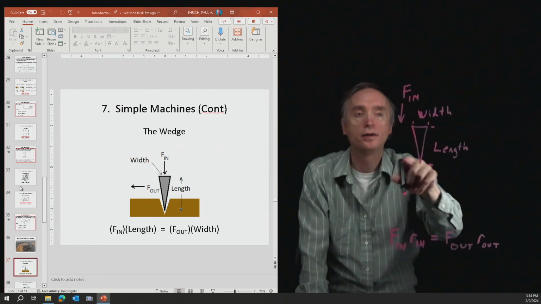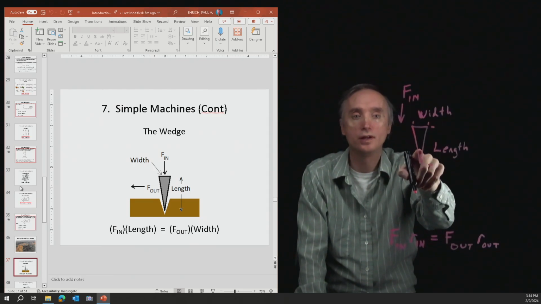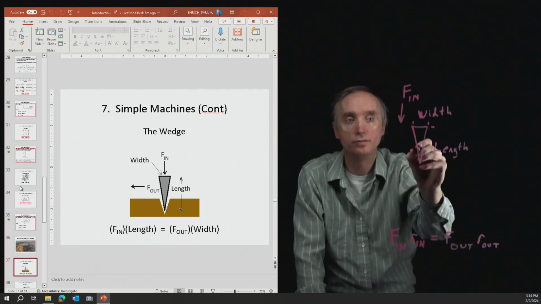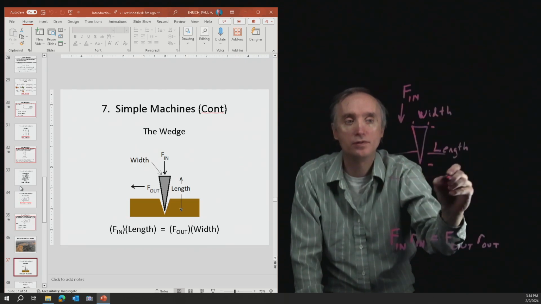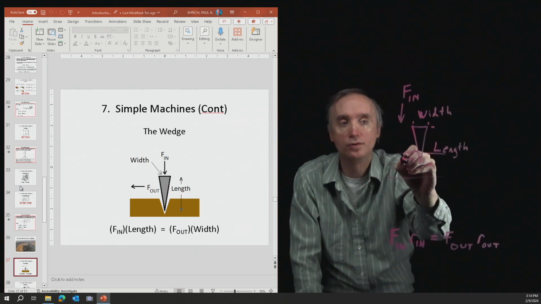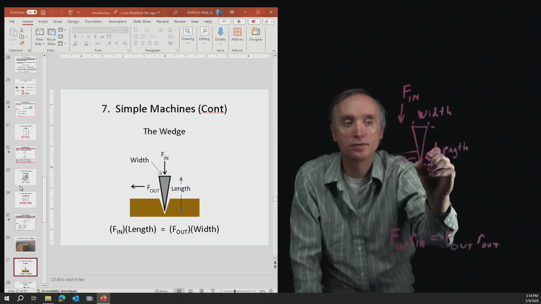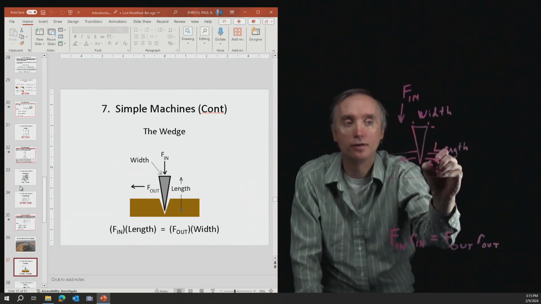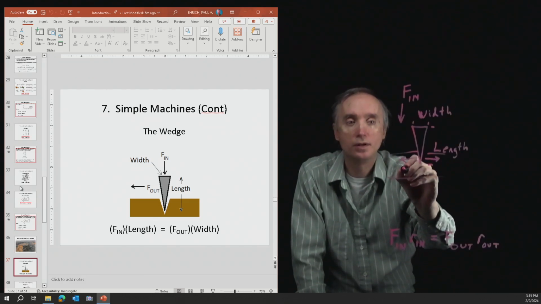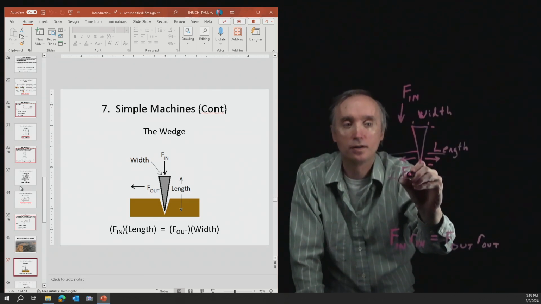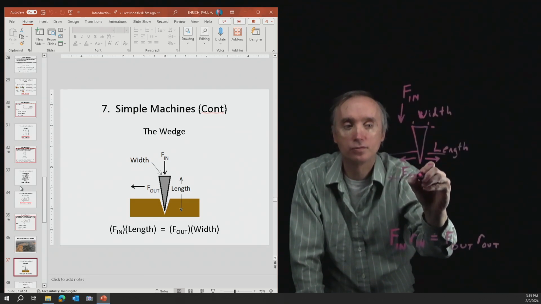And then the wedge is going to cause wood, so let's say that you're embedding it into a piece of wood, to split because the wedge is going to apply a force like this, and that is going to be the amount of force that is coming out.